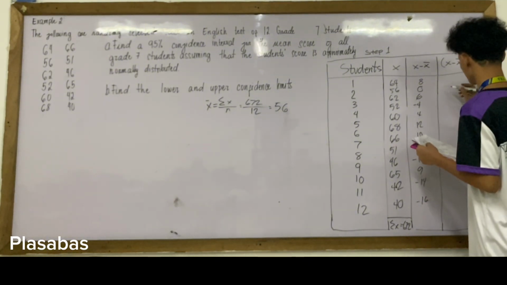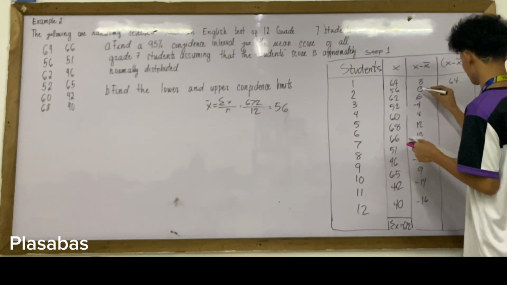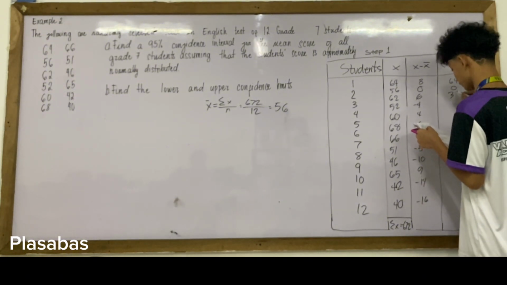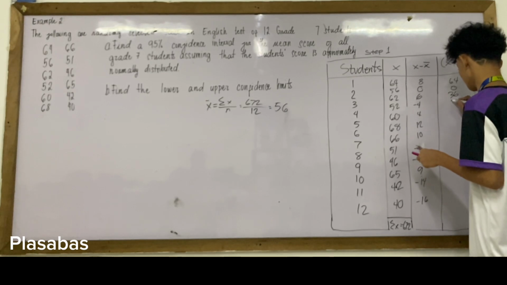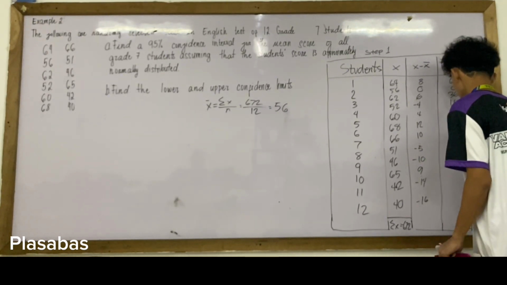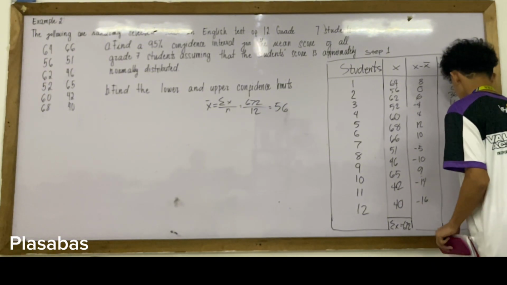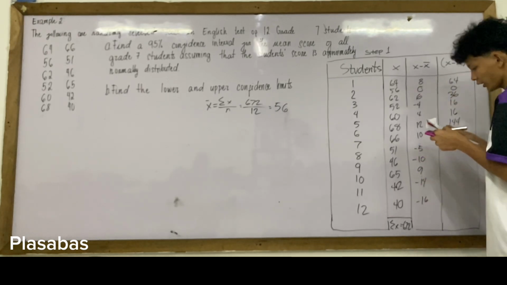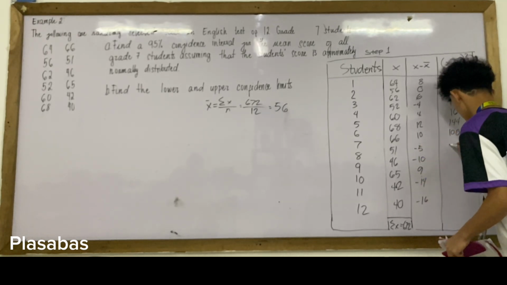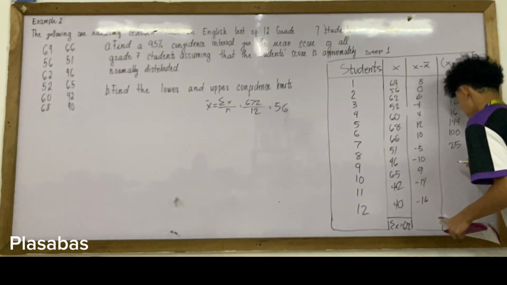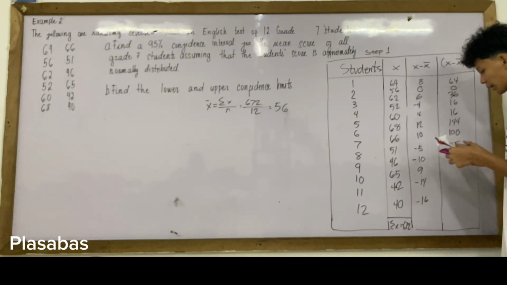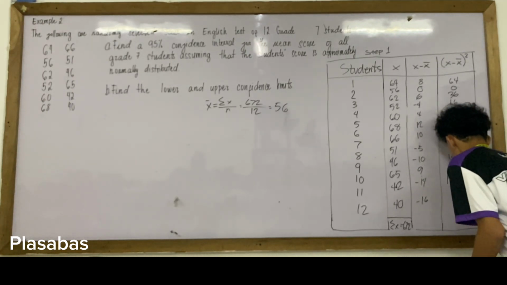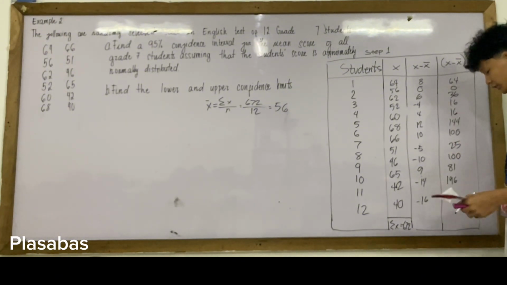So 8 times 8 is equal to 64, and 0 is equal to 0, and 6 times 6 is equal to 36, and negative 4 times negative 4 is equal to 16, and 4 times 4 is equal to 16, 12 times 12 is equal to 144, and 10 times 10 is equal to 100, and negative 5 times negative 5 is equal to 25, and negative 10 times negative 10 is equal to 100, and 9 times 9 is equal to 81, and negative 14 squared is equal to 196, and negative 16 squared is equal to 256.